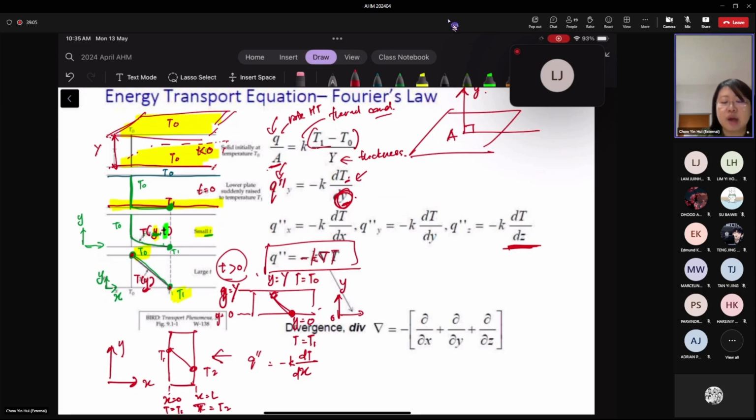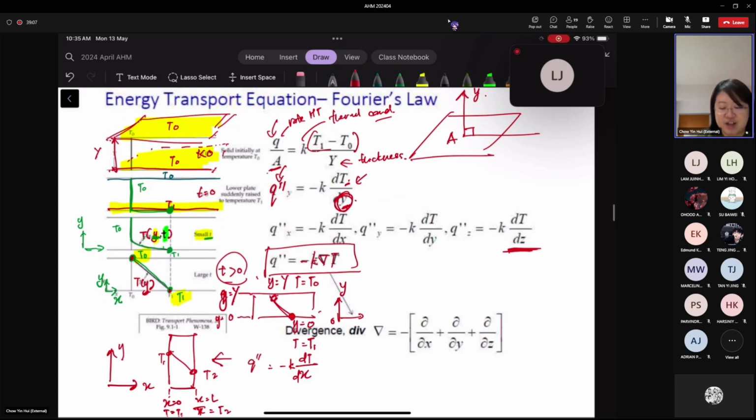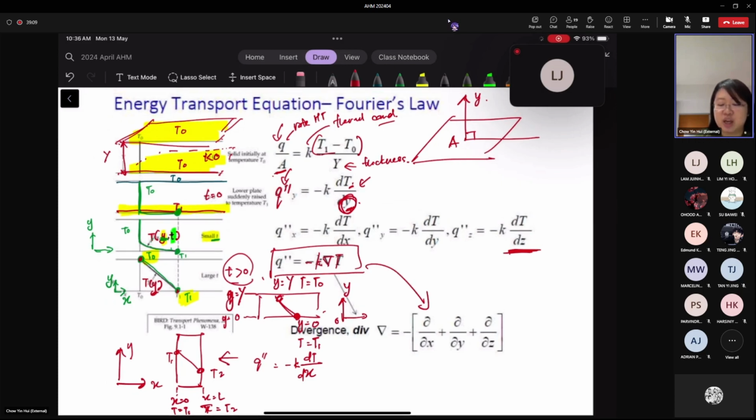Written this way, it is the negative of the sum of the partial derivatives of the temperature with respect to x, y, and z. You can see here we have the negative sign, same as in Fick's law, because the heat is transferred down the temperature gradient.